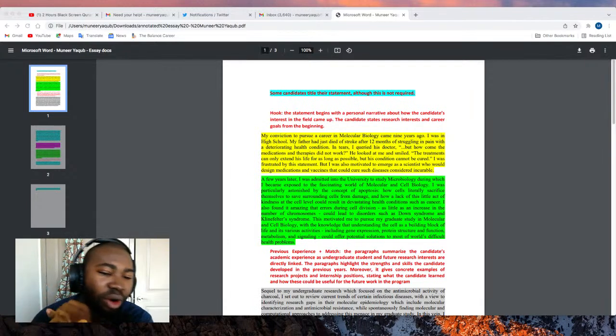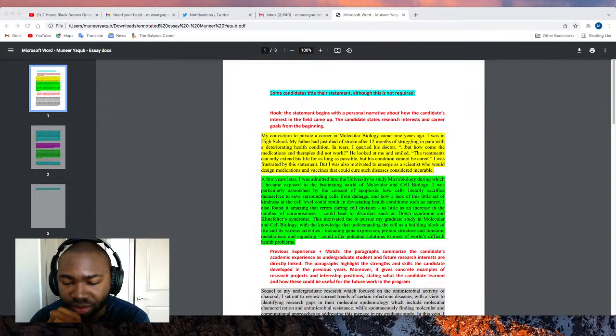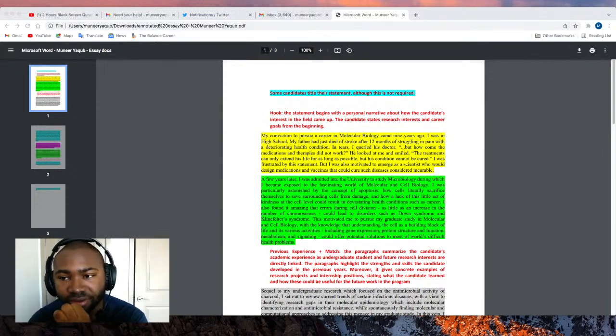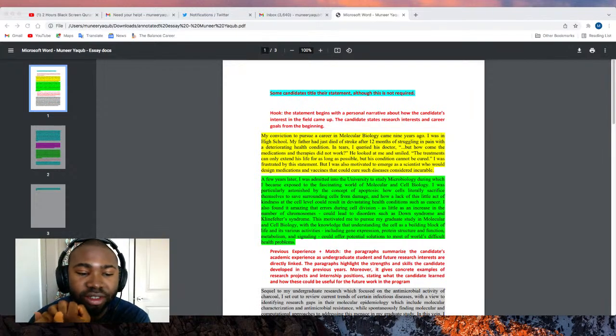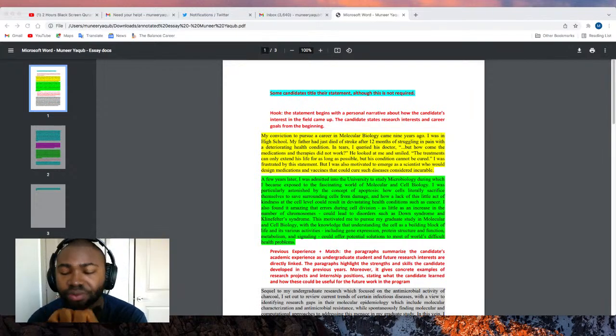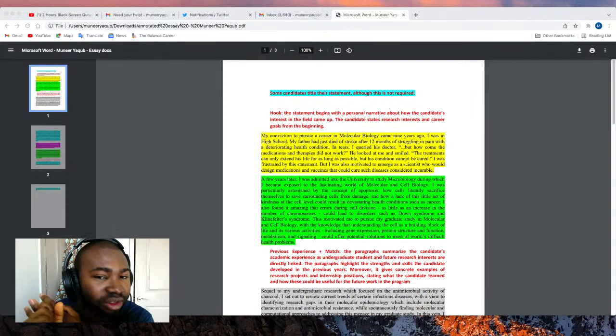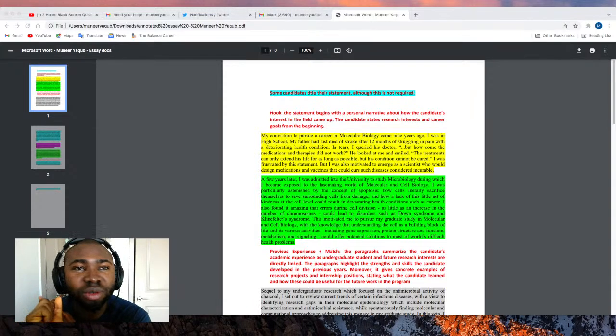They're going to read through the statement of purpose of every candidate. Let's say 150 candidates apply to the same program as you. They'll read through all those statements of purpose, their recommendation letters, and all your CVs.